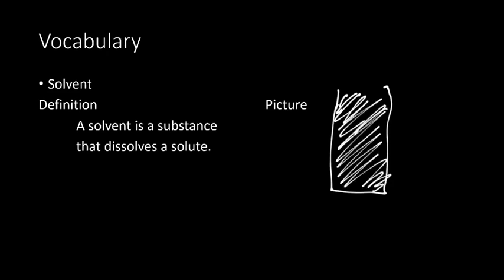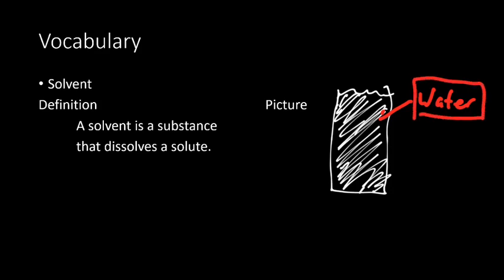If we go back to the sweet tea example, we're going to have the water that dissolved all of the ingredients in the tea, all of the sugar, so that water is actually going to be the solvent in this case, because the water does the dissolving. Most of the time, water is going to be your solvent, just because most of the time that's what we dissolve things in.